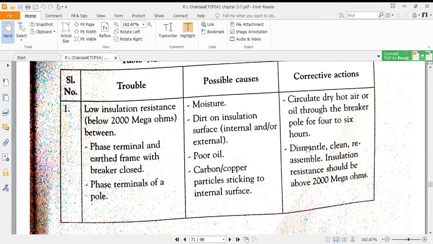If this doesn't work, dismantle, clean, and reassemble, so that insulation resistance is more than 2000 mega ohms.